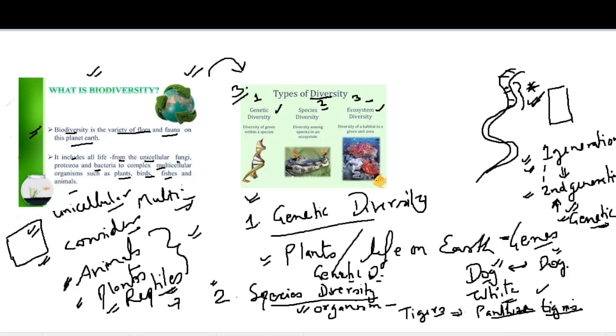All the tigers, genetically, are divergent and different in the genetic domain, but on the species domain all are called tigers and all belong to Panthera tigris. So there may be different types of species; there may be diversity at the species level.